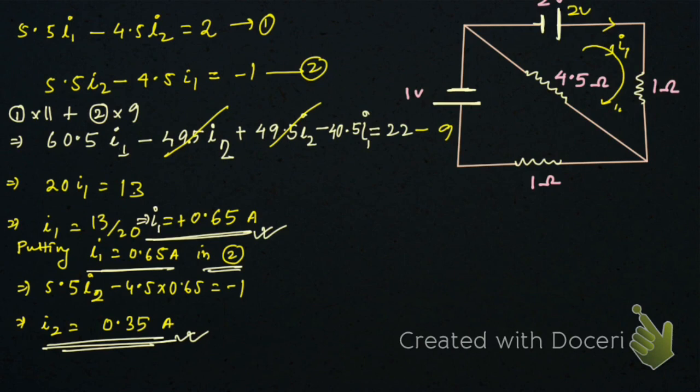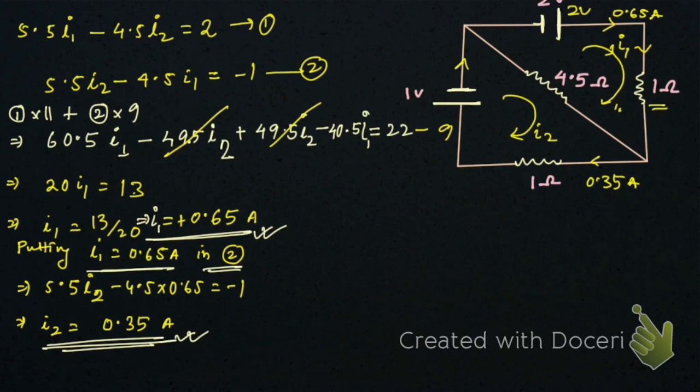That means I1, that is 0.65 ampere, is flowing in this direction, through the 1 ohm resistance. I2 is also positive, so the current through this circuit is also in the same direction as we have taken in the diagram to apply Kirchhoff's rule.